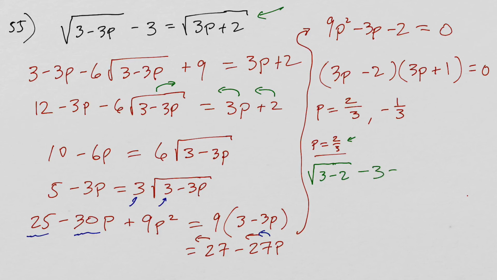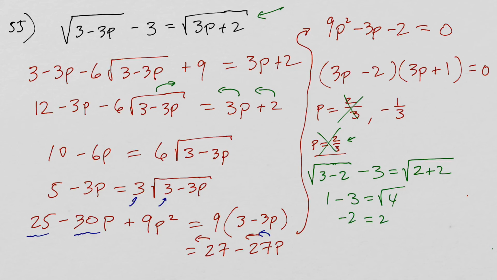Minus 3, is this really equal to 3p? Well, 3 times that is 2 plus 2. 1 minus 3, is this equal to the square root of 4? No, this is negative 2 is equal to 2. That's not true. So this has to be thrown out, and that cannot be part of our solution.